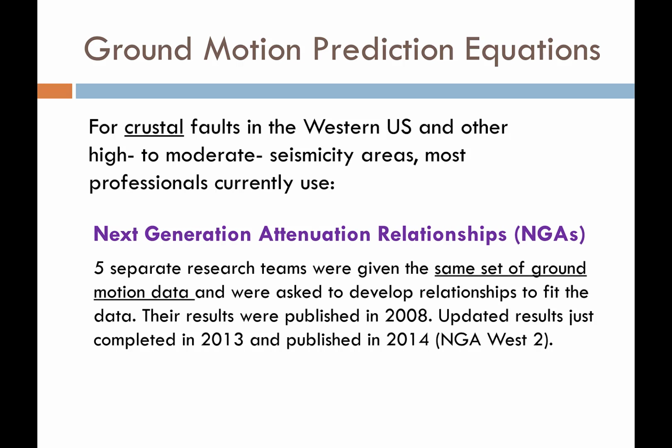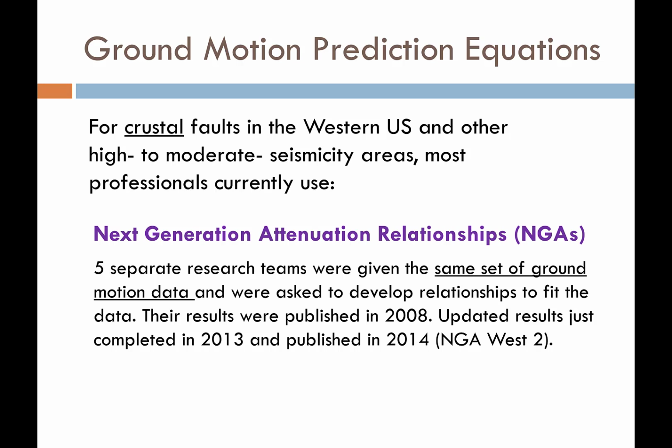So with this effort then, and by the way, don't be fooled. What I'm describing sounds really great, but it was a major, major effort. 5 separate research teams were given the same set of ground motion data, and they were asked to develop GMPEs to fit to that data. The first iteration of NGA was published in 2008.